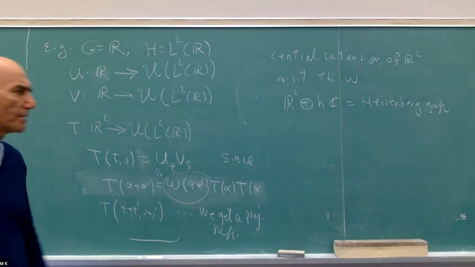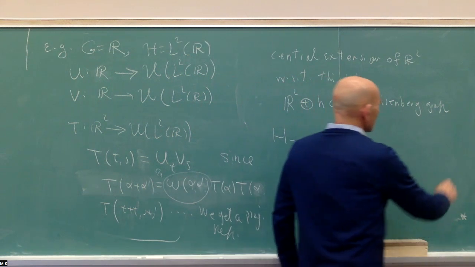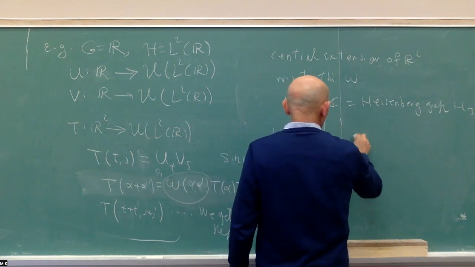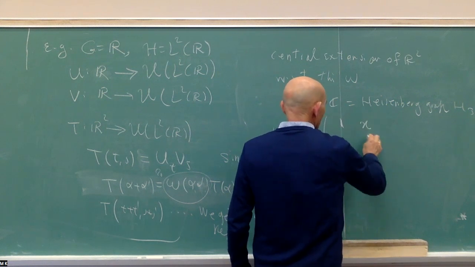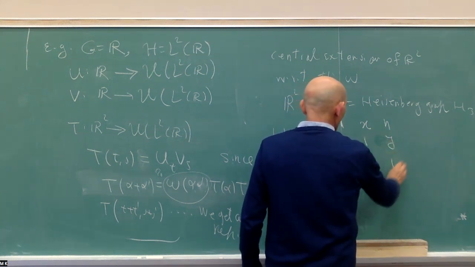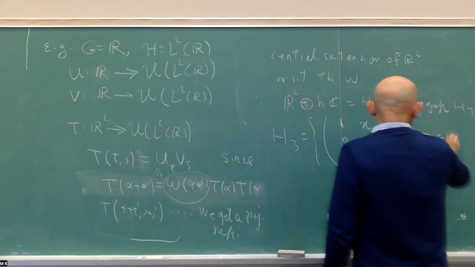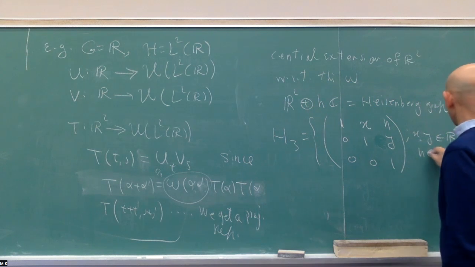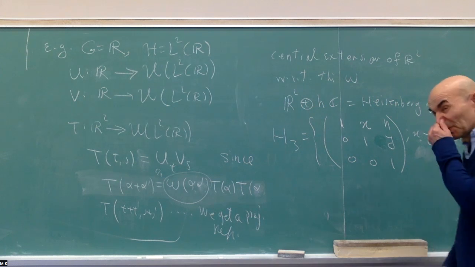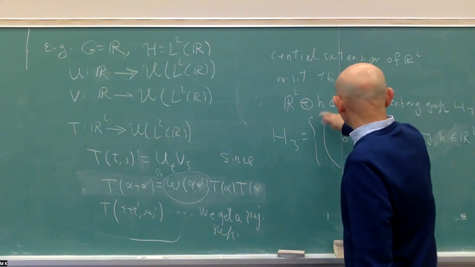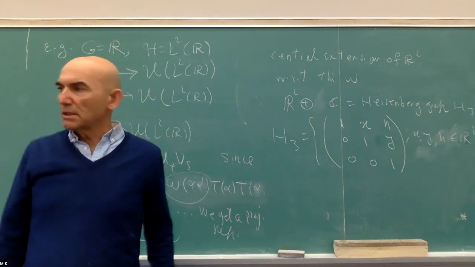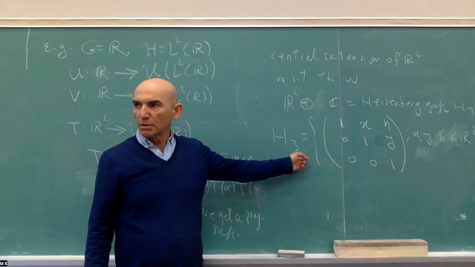So the Heisenberg group H3 is the matrices 1, X, H; 0, 1, Y; 0, 0, 1, with X, Y, H belonging to R. Let me define the group structure. It's just matrix multiplication.